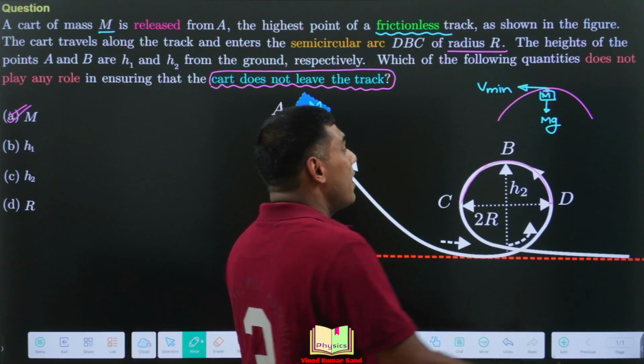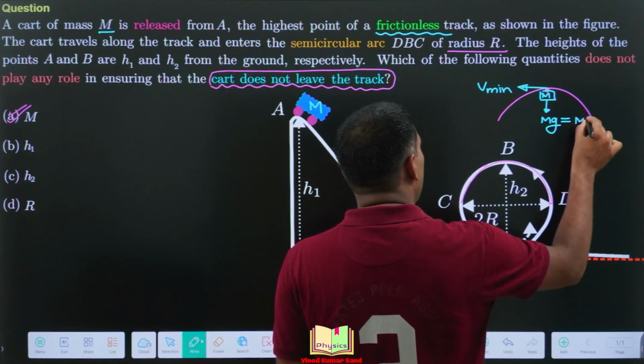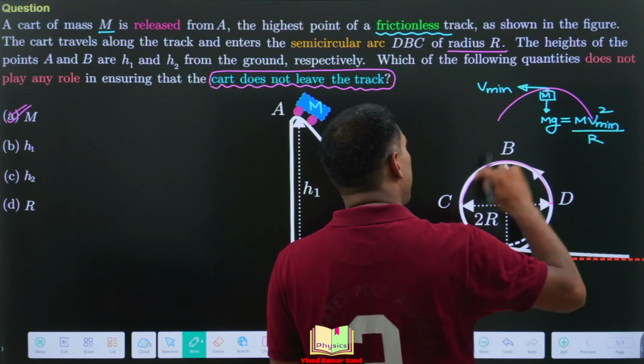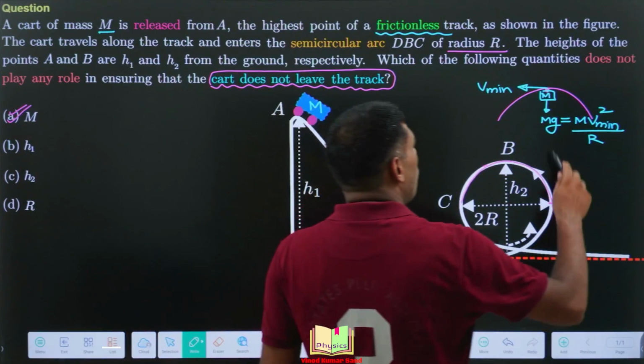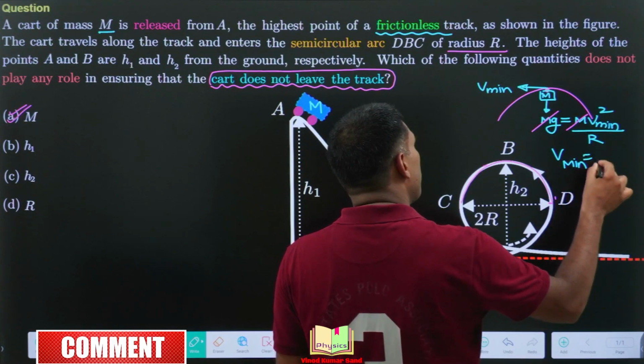Now this mg is the centripetal force, and the formula for the centripetal force we already know, m v minimum square by r. This semicircle has the radius r, so m and m get cancelled out. The v minimum comes out to be root gr.